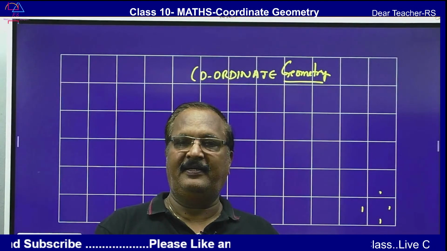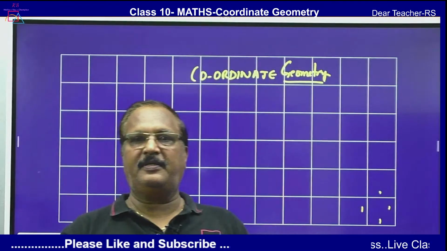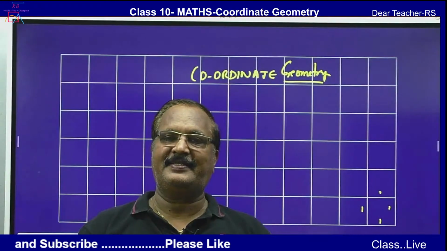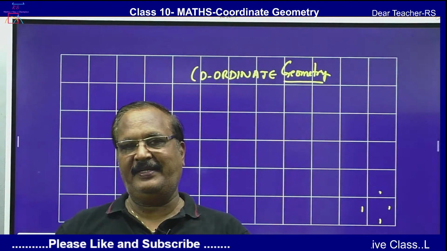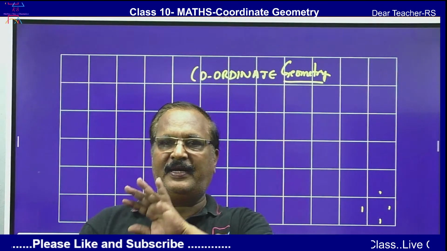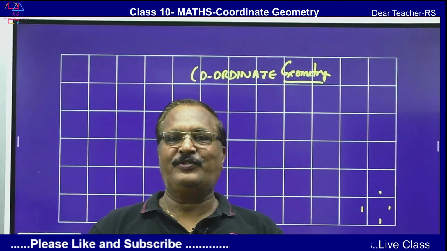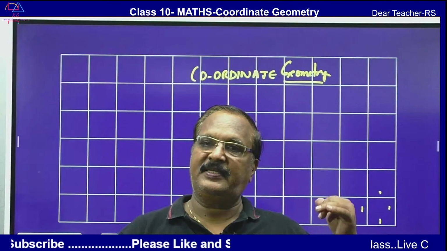If you buy graph books from a shop, the graph book looks like this: squares and squares. If you look at a horizontal line, you will see a horizontal line. So this is a coordinate plane.